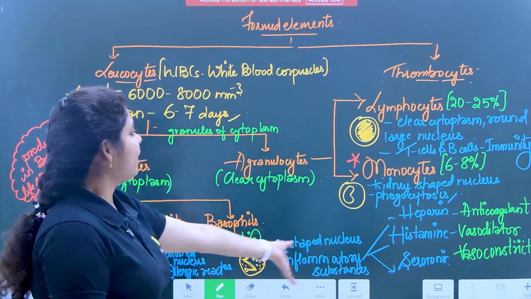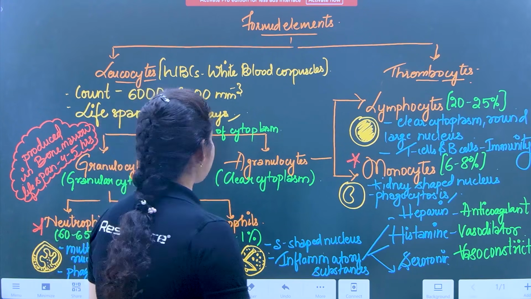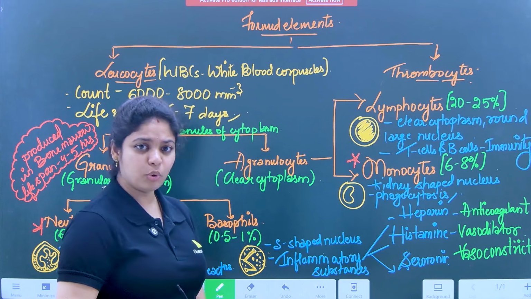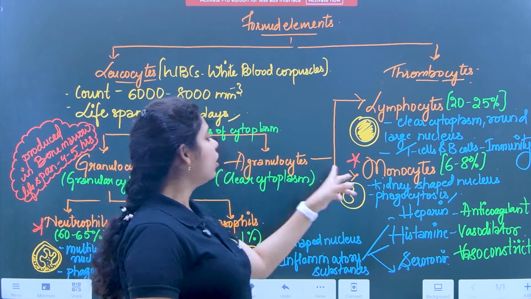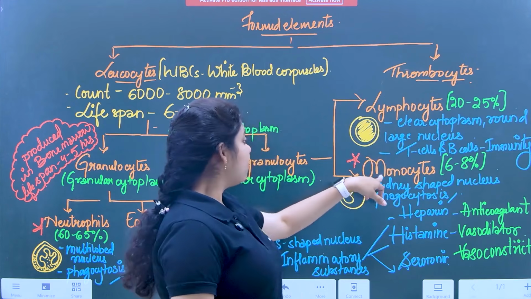So I will be explaining about the entire leukocytes. Before that, you should also know agranulocytes are formed in the bone marrow. Monocytes and lymphocytes, both of them are formed in the bone marrow.